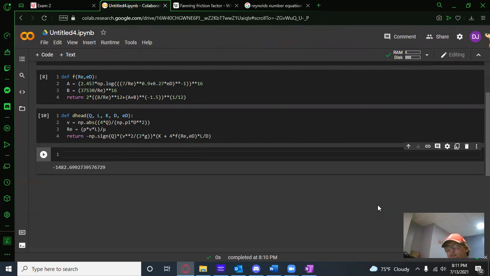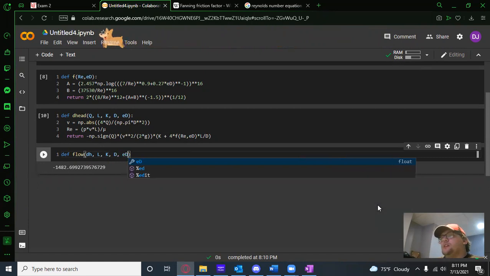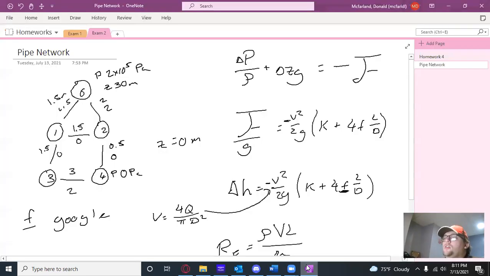So to do that, we're going to make another function called flow, and we're going to input our delta head, our length, our K value, our diameter, and our roughness again. And what's going to happen here is we're going to change the equation up a bit.